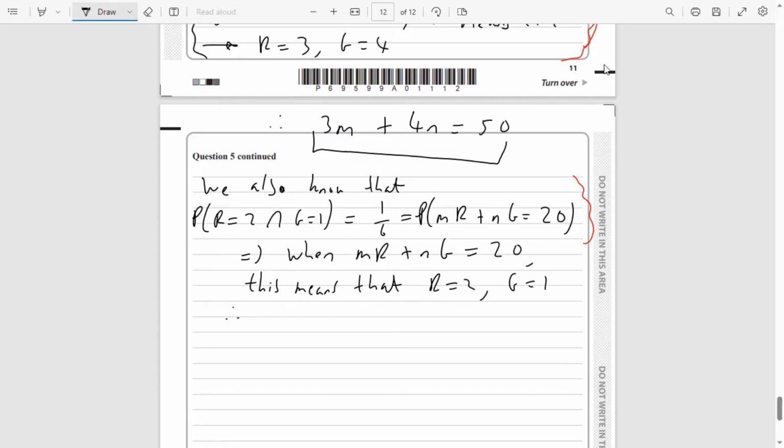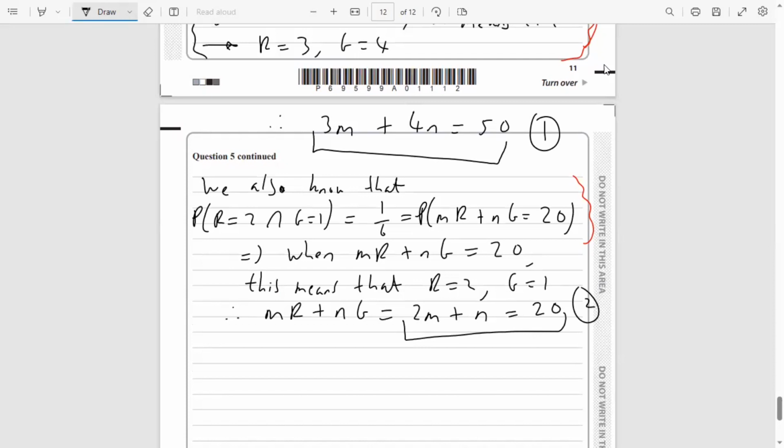So therefore, MR plus NG is equal to, in this case, R is 2. So 2 times M plus 1 times N, because the G is 1, sorry. So 1 times N, which is N, is equal to, in this case, 20. So you get this second equation there.